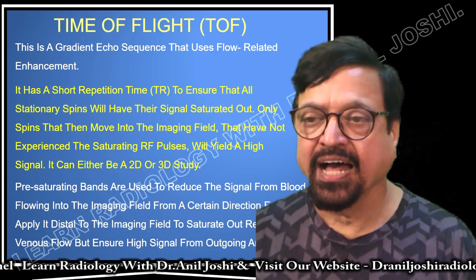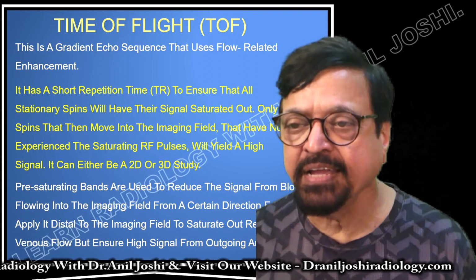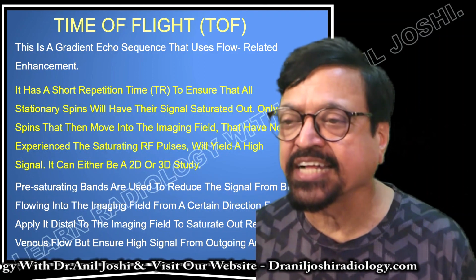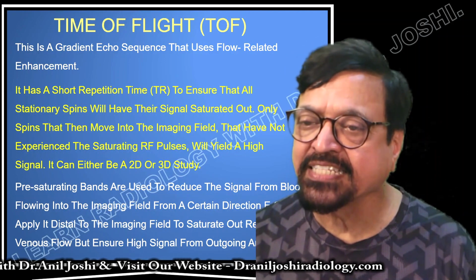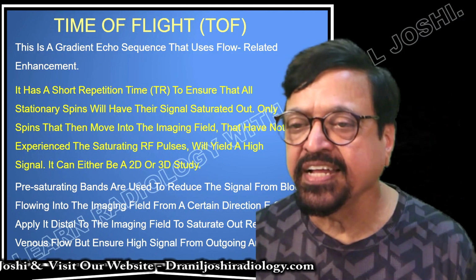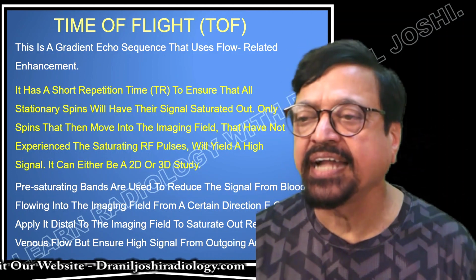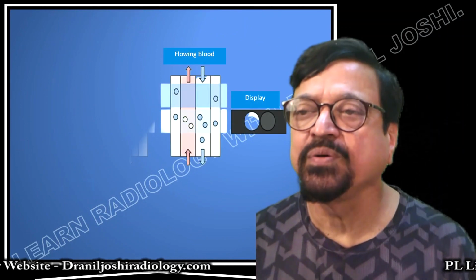Pre-saturation bands are used to reduce the signal from blood flowing into the imaging field from a certain direction. For example, apply distally to the imaging field to saturate out returning venous flow, but ensure high signal from the outgoing arterial flow. That's how it differentiates.